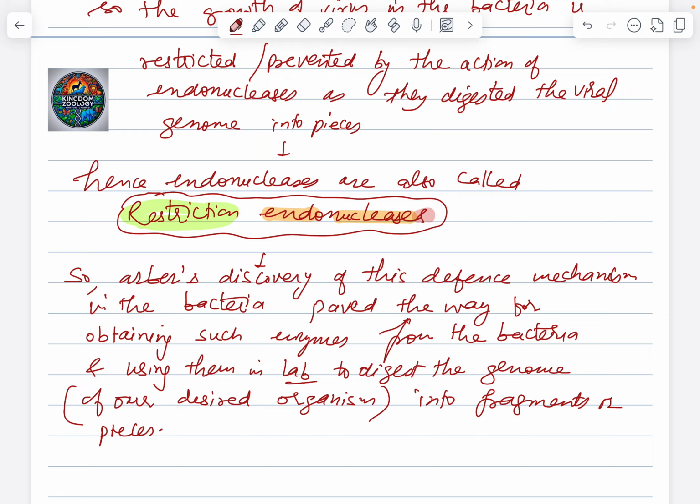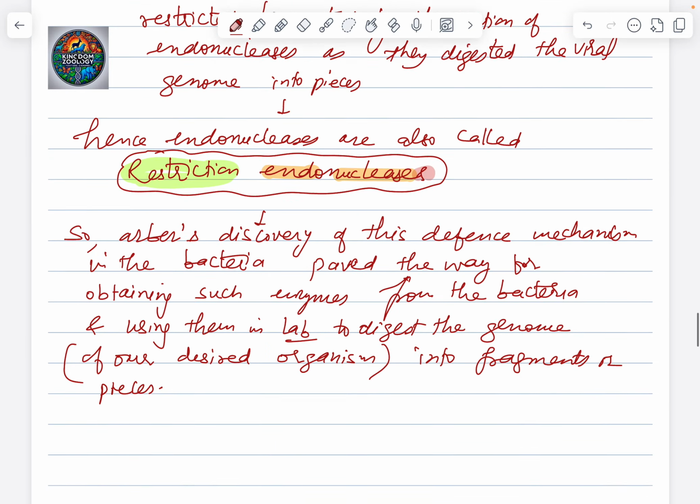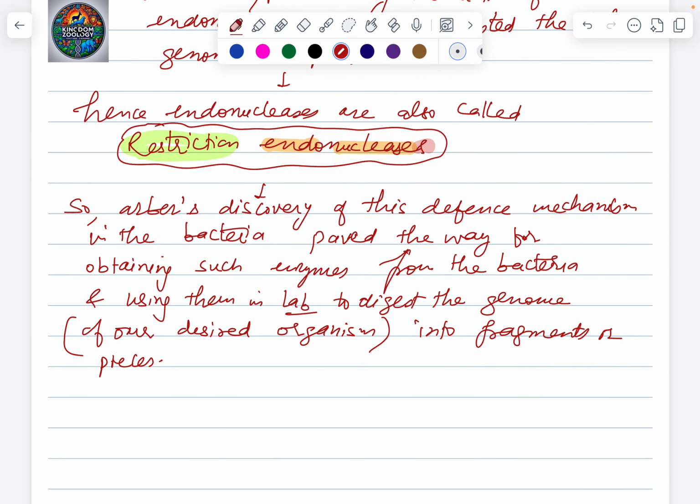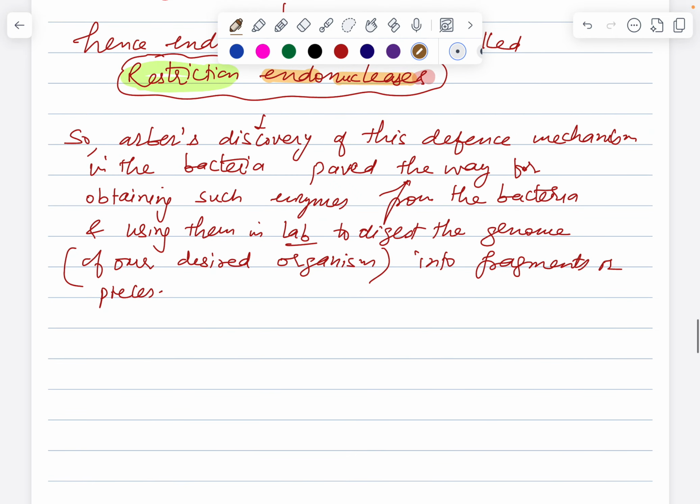If I can take out a restriction endonuclease from a bacteria and put it in that test tube where I have the genome, will the restriction endonuclease work in the same manner as it works in the bacteria cell? Yes. And will it break down my genome into fragments or many pieces? Yes. By attaching to recognition sites, which are palindromes, the enzyme is going to attach to my genome and break it down into fragments.